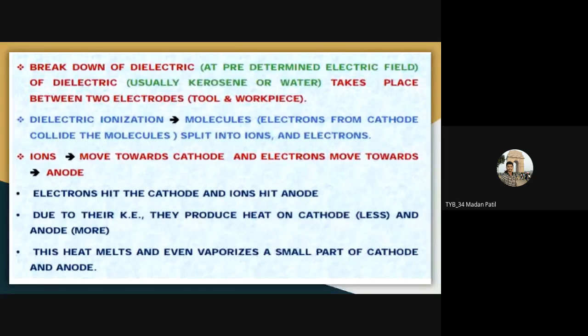Due to that, it results in an intense electric field at the location where surface irregularity provides the nearest gap, that is, in the inter-electrode gap.